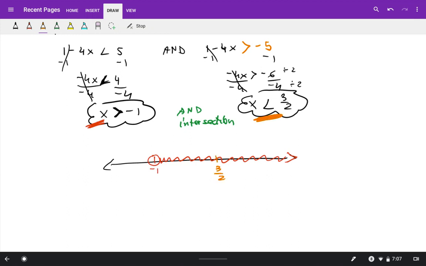This is 3/2, less than, so I'm shading everything to the left. And the intersection is the segment where two colors overlap, so this is the intersection. Okay, so we can write that the solution set is the interval from -1 to 3/2, both in parentheses.